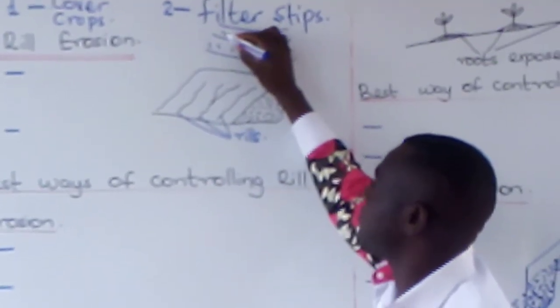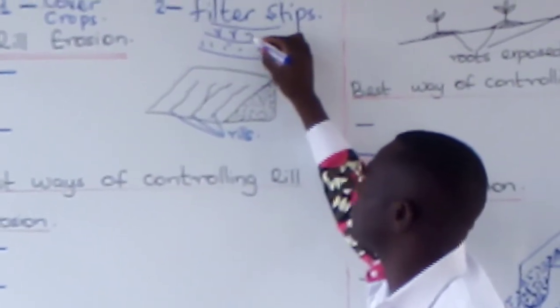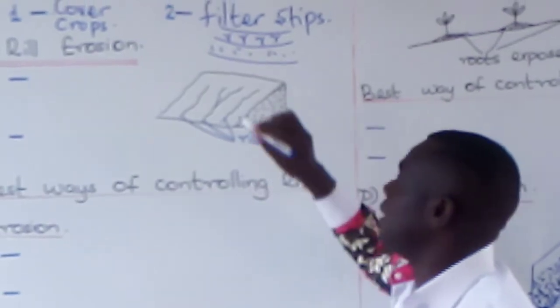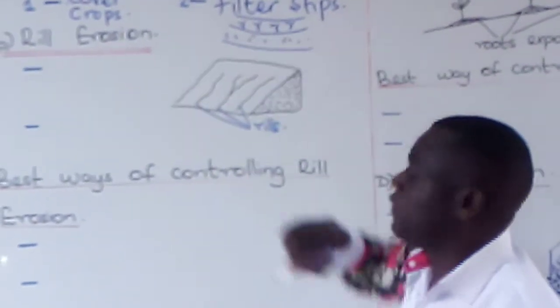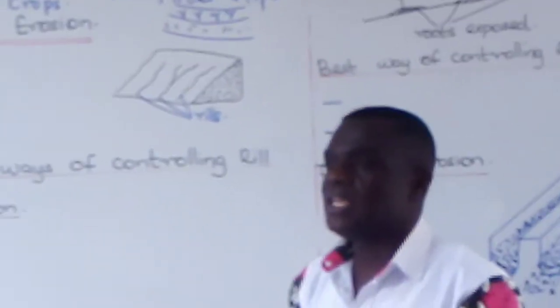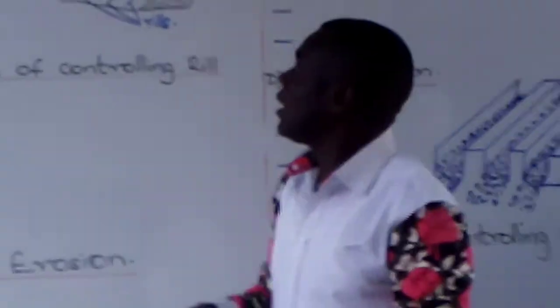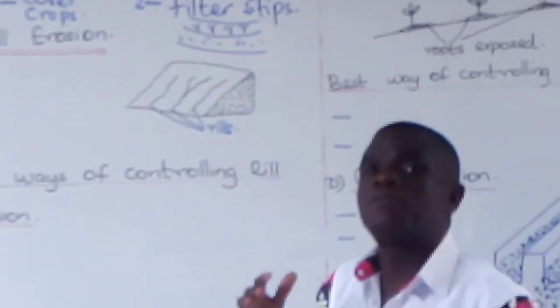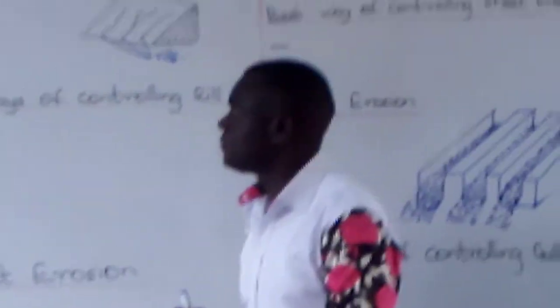That's why we plant these crops. Under the filter strips, because splash erosion could eventually lead to real erosion, when you have the filter strips, they stop the running water from forming the rills.